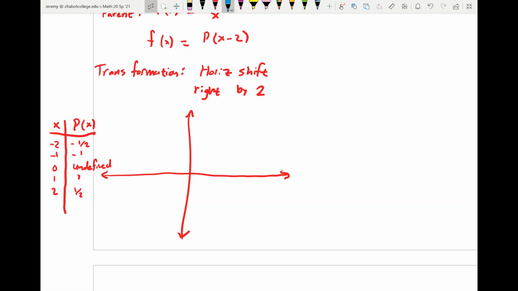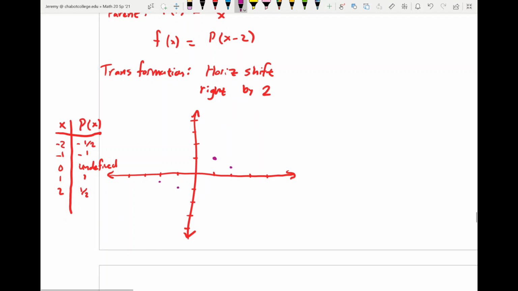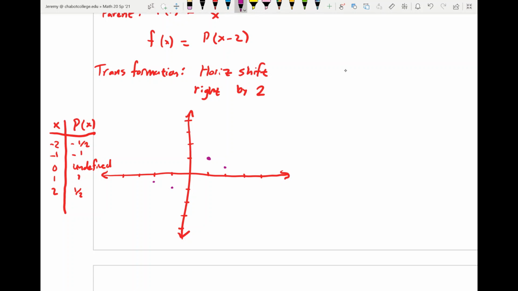So, so far, all that we have of the parent function is, here, let me mark out my axes here. We've got these ordered pairs. But that's not quite enough. I might plug in some larger values, like if I plug in -10 and +10, I get negative 1/10 and positive 1/10.